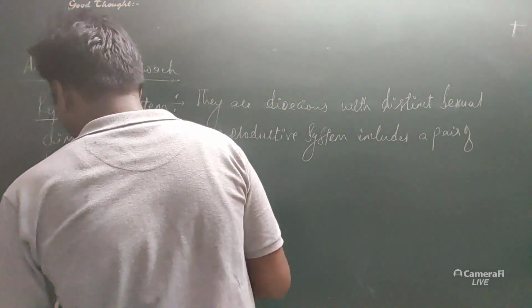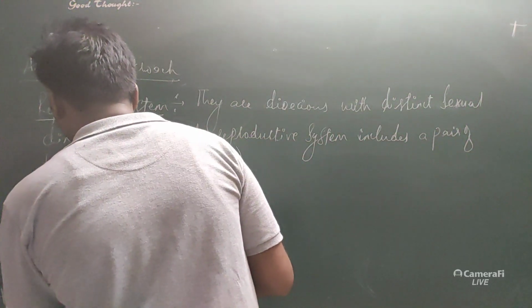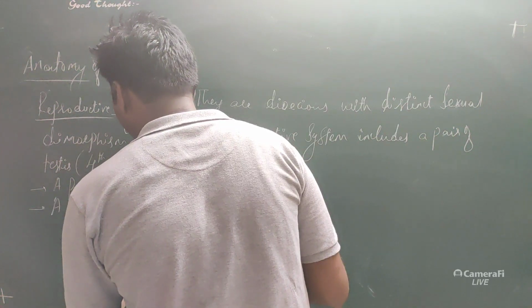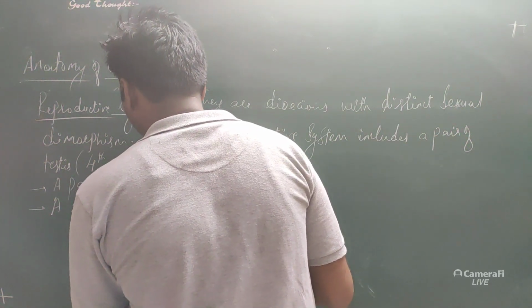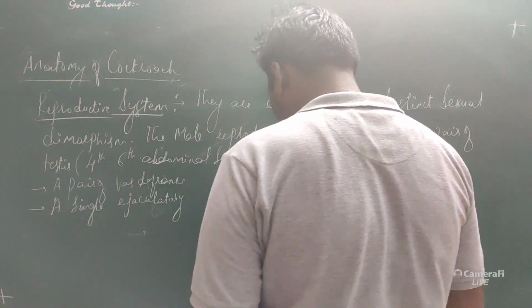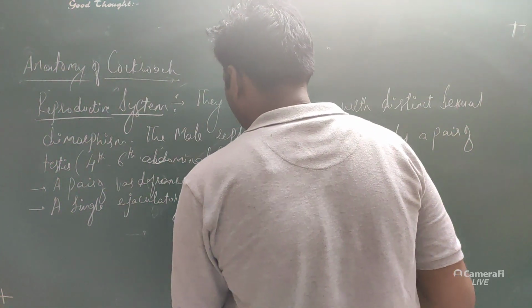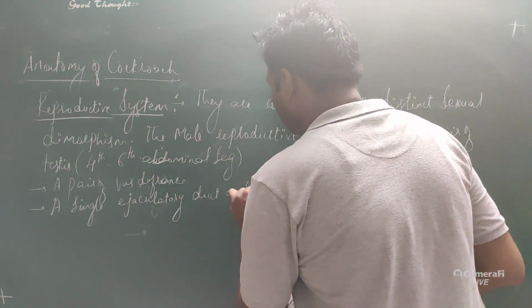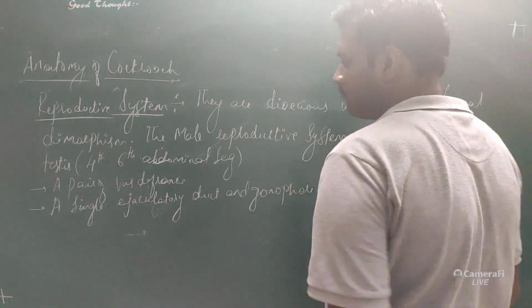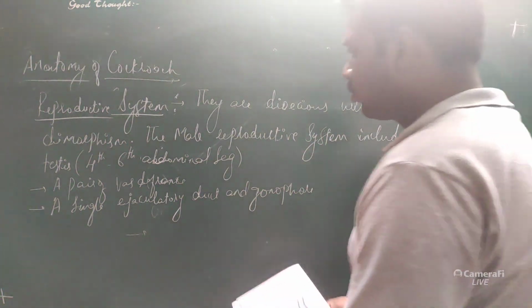The next, a single ejaculatory duct and gonophore. Okay, a single ejaculatory duct is seen, and there is a presence of gonophore.